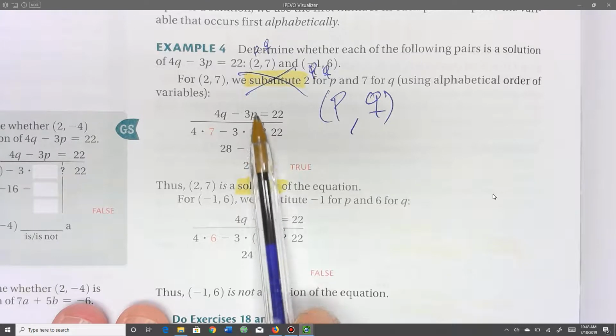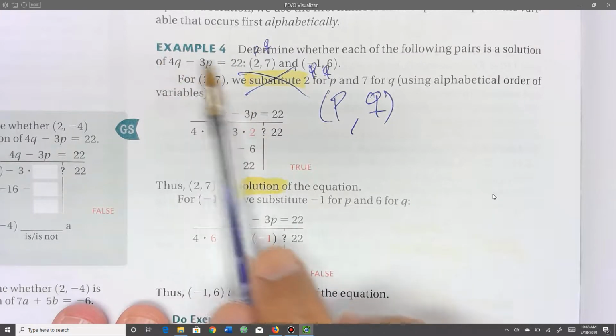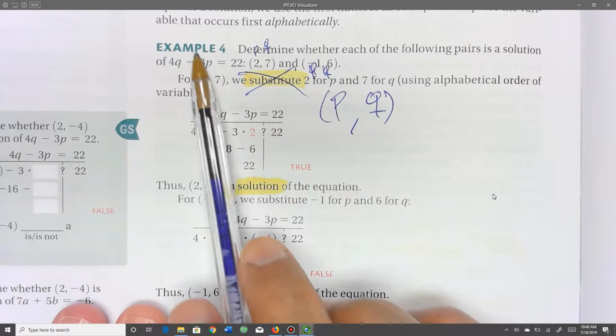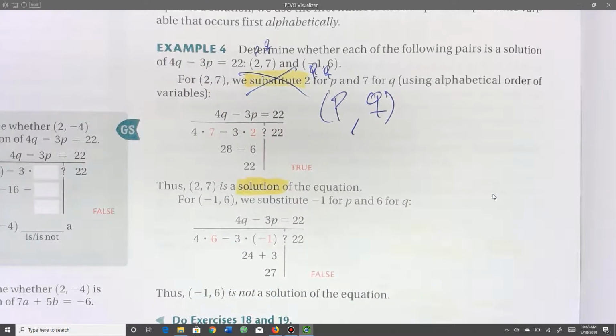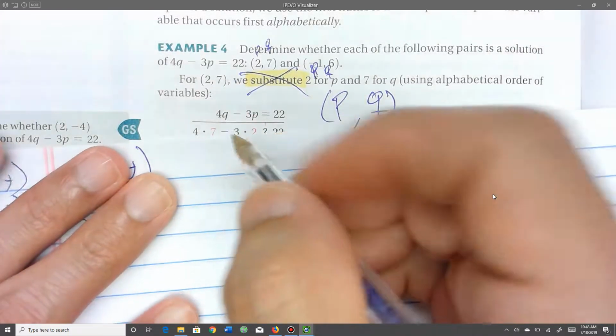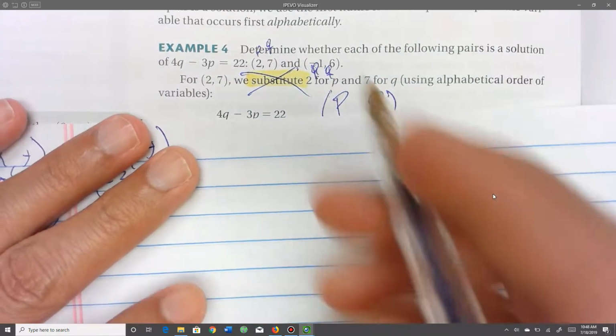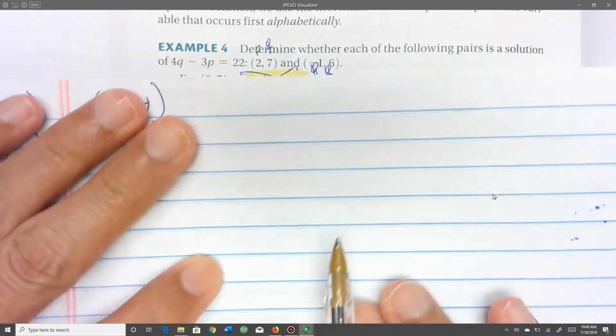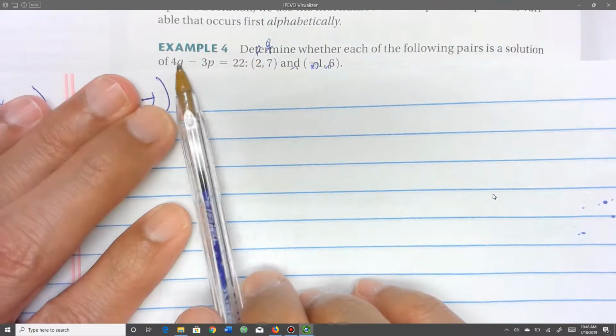You substitute for P into the equation, the equation they gave you. Okay, so in your case you have to rewrite it. Make sure you rewrite it. So let's say I'm right here.